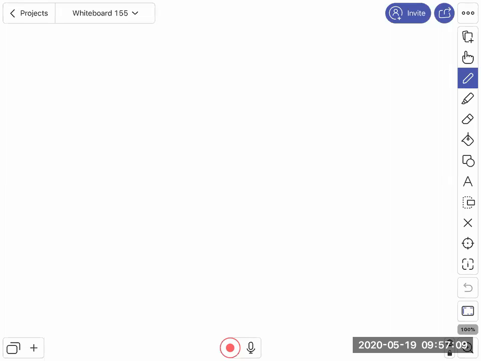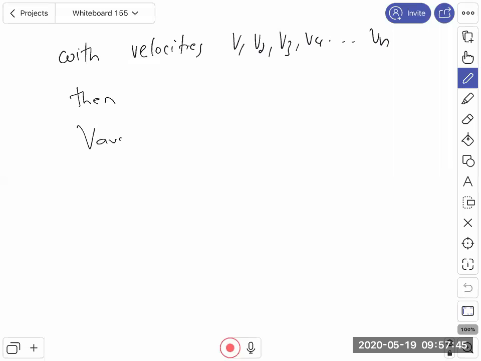Write down. If a particle is traveling equal displacement with velocities v1, v2, v3, v4, etc. to vn, then what is the equation for average velocity?